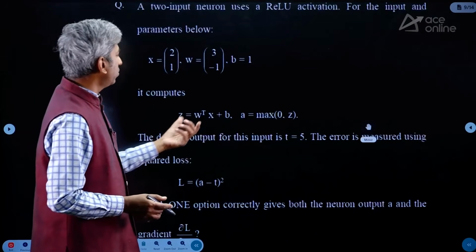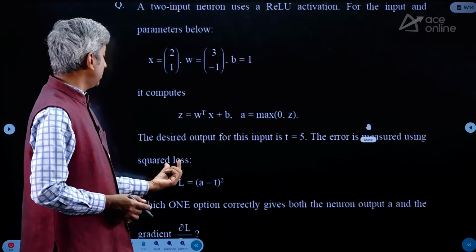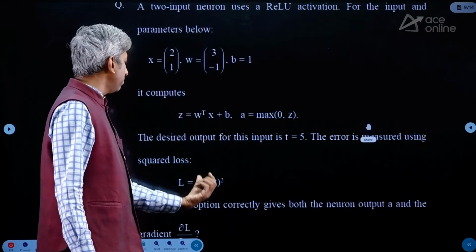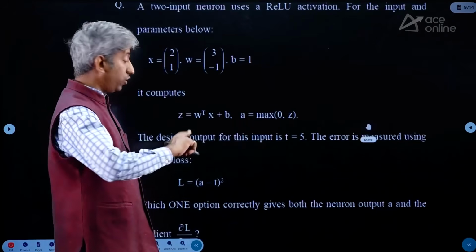That gives A, and the square loss is given by A minus the target value whole square.